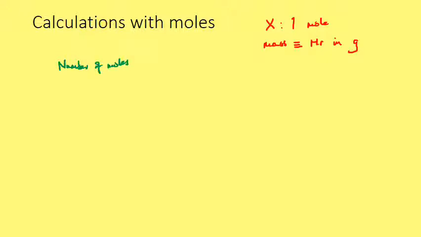The number of moles of anything is therefore equal to the mass of that substance divided by its MR, its relative molecular mass, or if it's an element it would be its AR, its relative atomic mass. Okay, that said, the easiest way to learn about this is to go through a couple of examples.